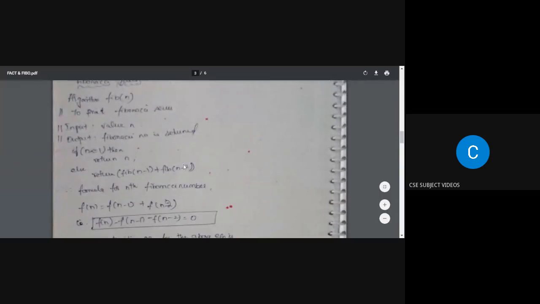So, the Fibonacci series: this is a recurrence relation. A recurrence relation is nothing but the same operation that is repeated, and this can be executed by using functions. As it is a recursive manner, we are going with recursive functions.